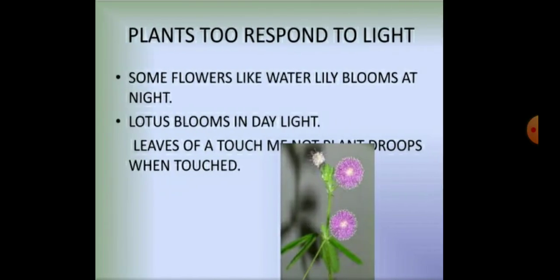Plants can also respond to the light. It is called phototropism. Some flowers like the water lily bloom at night, and the lotus blooms in the daylight. So they are very important characteristics of the living organism.